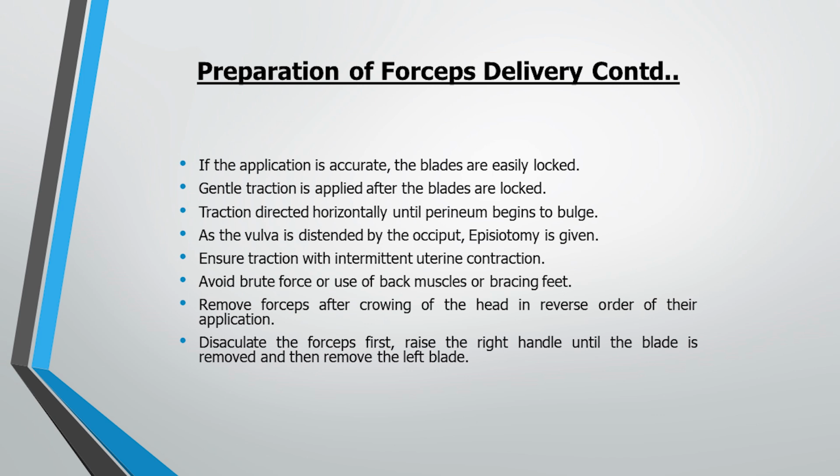Once the baby's head is coming out, you can give your episiotomy and then remove the blades in the reverse order. The left one was inserted first and the right one last. So first of all, disarticulate the right, raise it up, and gently remove it, and then remove the left last.